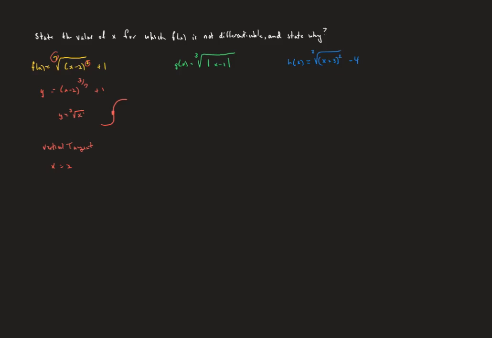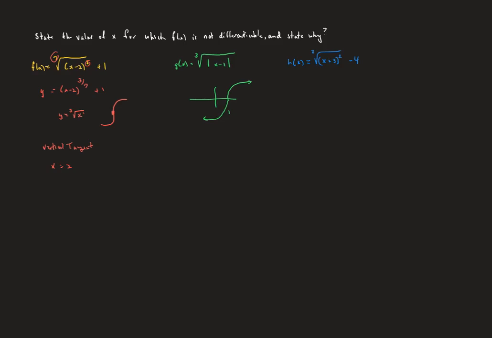Now, the next one's kind of tricky because we have an absolute value inside of a cube root. So what happens is, without the absolute value, let's just take a look. Without the absolute value, at 1, we would have this cube root happening something like that. We'd have that vertical tangent.